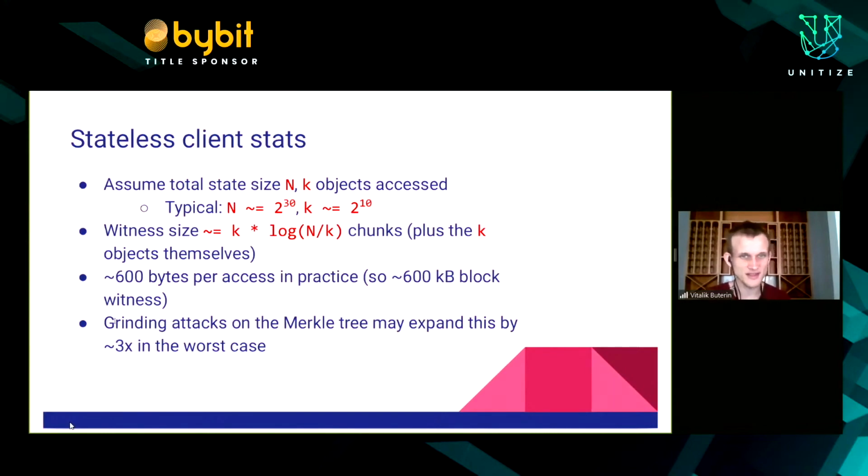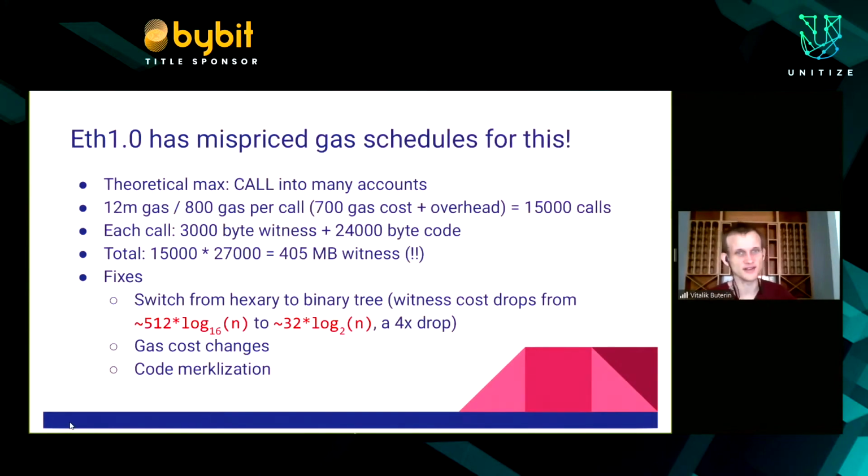So grinding attacks could, in the worst case, expand this to maybe about 2,000 bytes per access. So this is roughly where stateless clients can get us with the current technology.